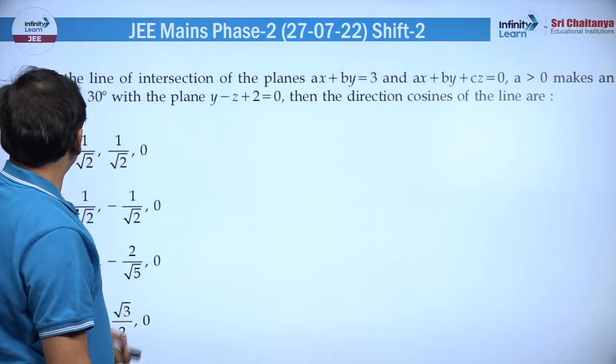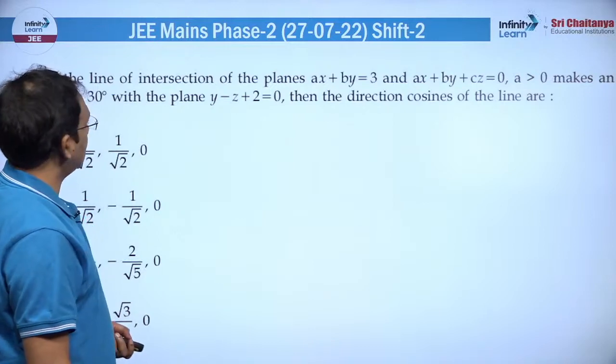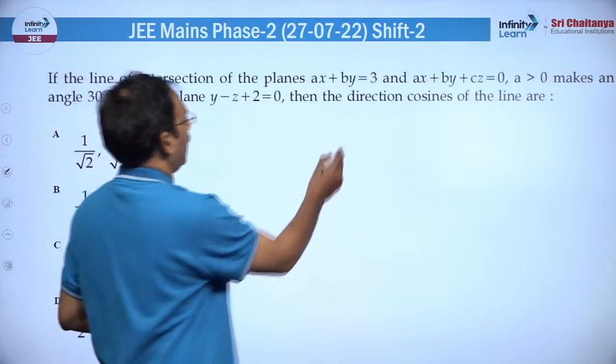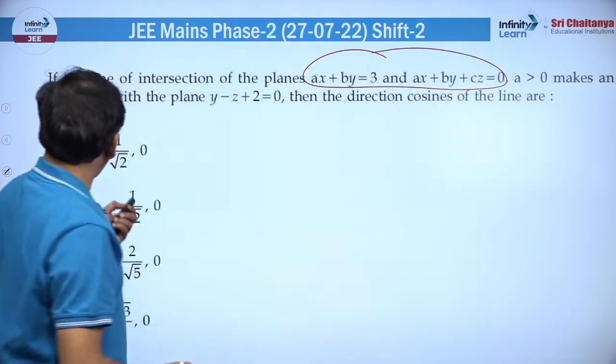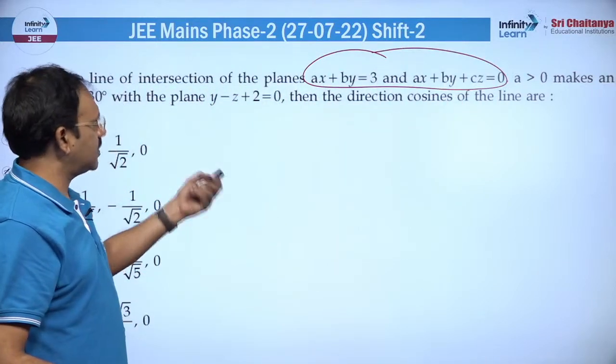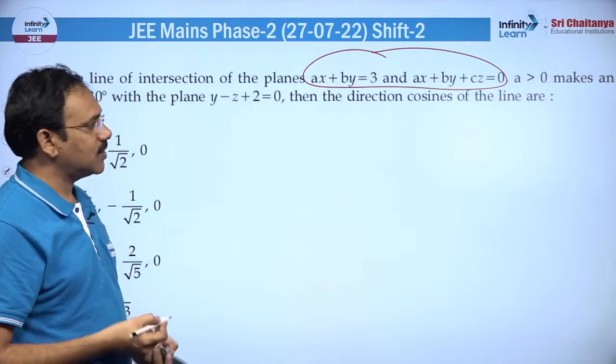Next, you just see the line of intersection of the planes. The line of intersection of these two planes, where A is positive, makes an angle 30 degrees with this second plane, then the direction cosines of the line.